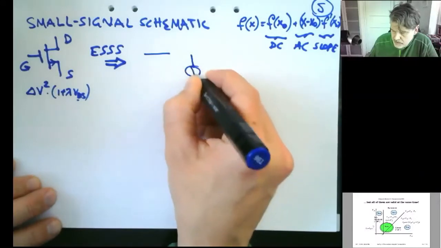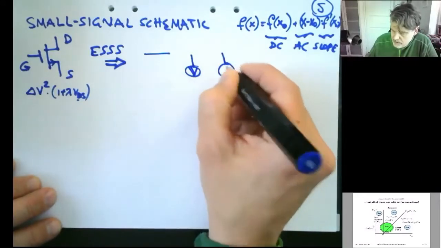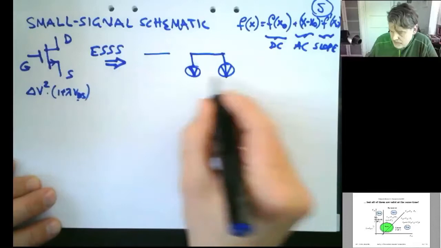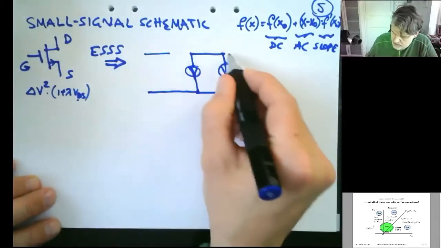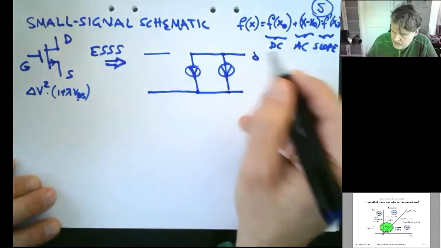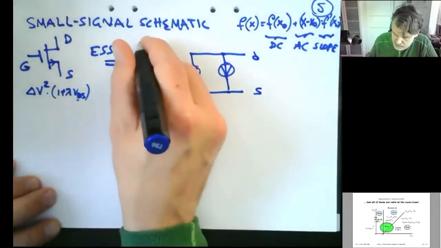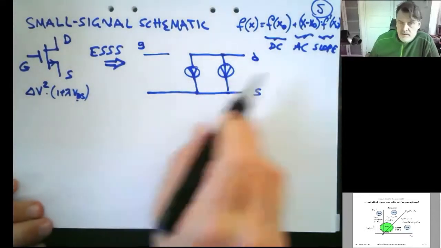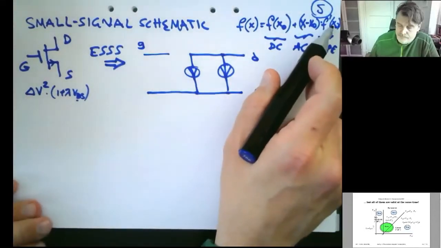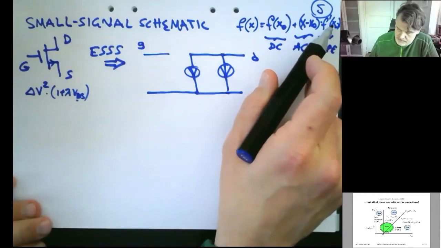It has a current source, and it has a current source like this. And that's my drain, that's my source, and that's my gate. And these are linearizations. That's the derivative here with respect to the different parameters.